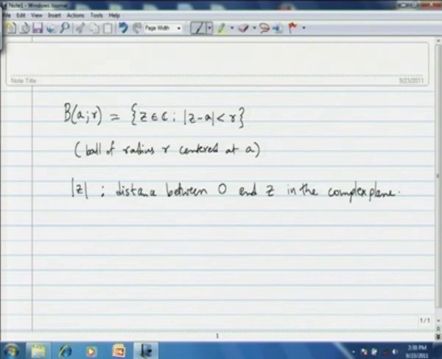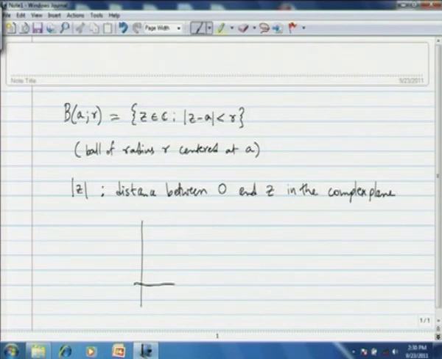We have seen this interpretation when we studied the modulus of a complex number. For example, if I take the number 3 plus i, it is represented by the point (3, 1) on the complex plane, and the Euclidean distance of that point from the origin is square root of 10, which essentially is the modulus of the complex number 3 plus i.